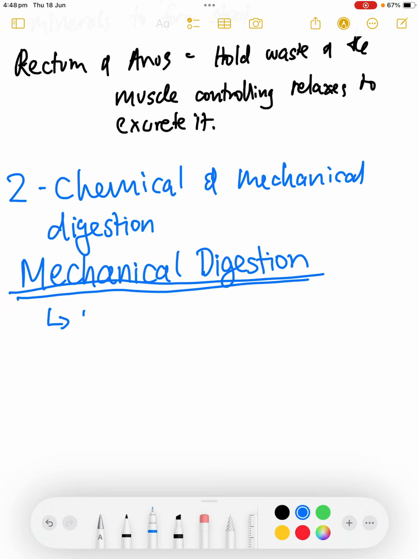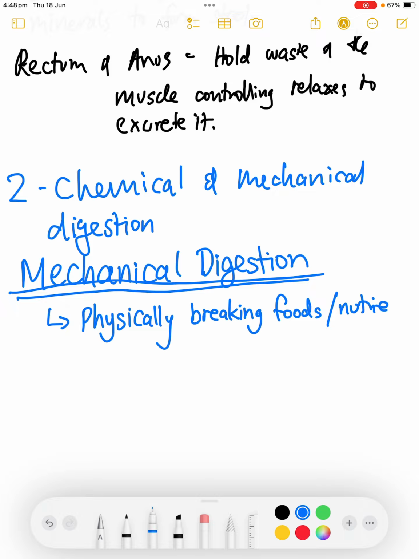I'm just going to say physically breaking foods/nutrients down into smaller pieces.